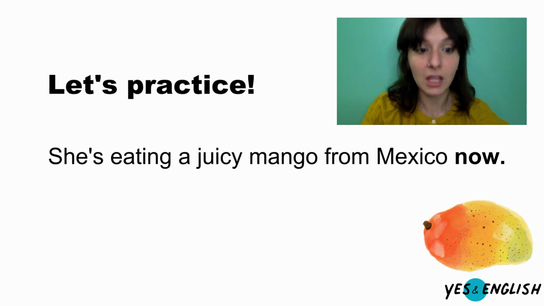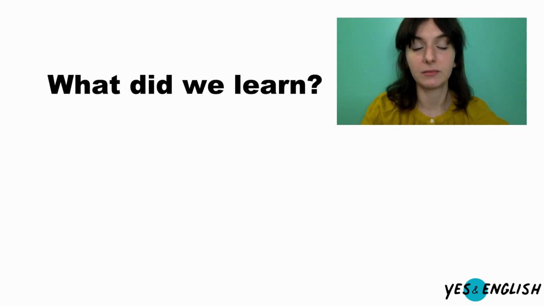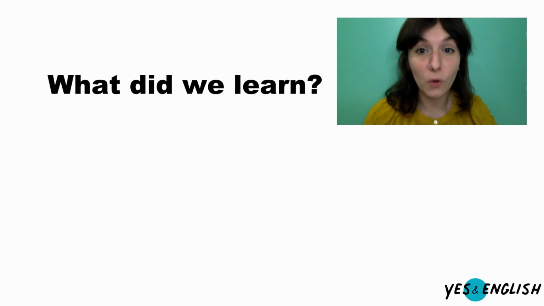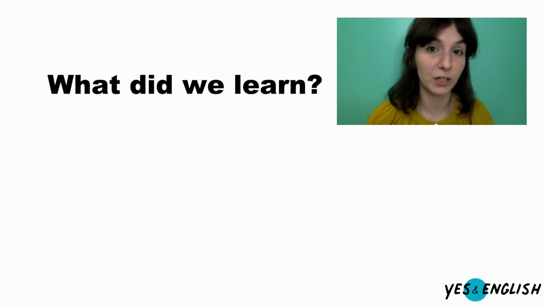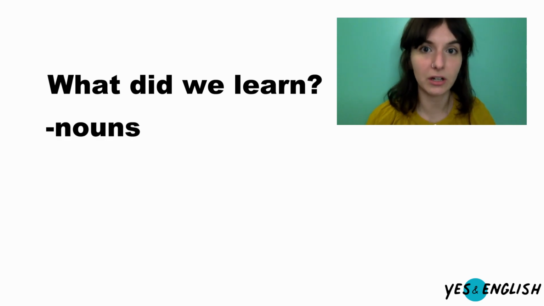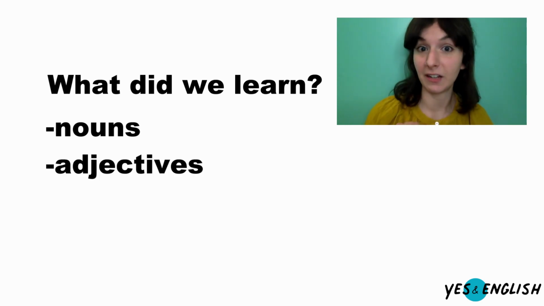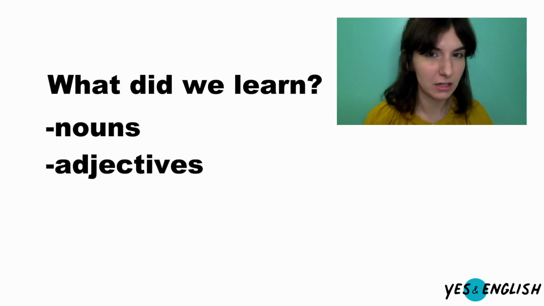Okay. All right. Very good job today. What did we learn? Do you remember what we learned today? I hope so. Today we learned the 4 major classes of words and what they do in a sentence. So we learned about nouns, which are a person, a place, or a thing. Very good. We learned about adjectives. And what are adjectives?